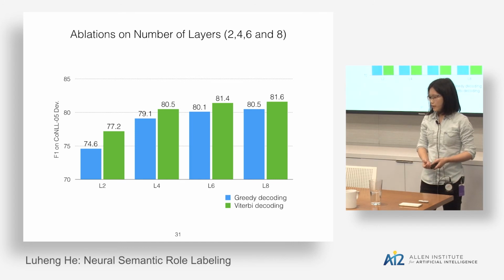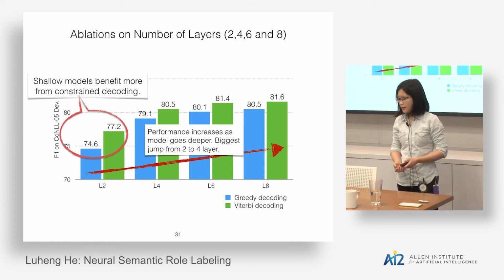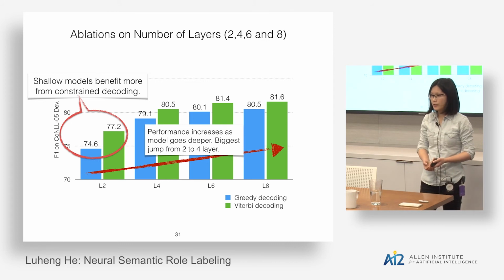Overall, the Viterbi decoding has about 1 point improvement over greedy decoding. And the performance increases as the model goes deeper, but the largest jumps come from 2-layer to 4-layer, and after 6 layers, the performance more or less saturates. And also, the 2-layer model benefits a lot more from constraint decoding than the deeper models.